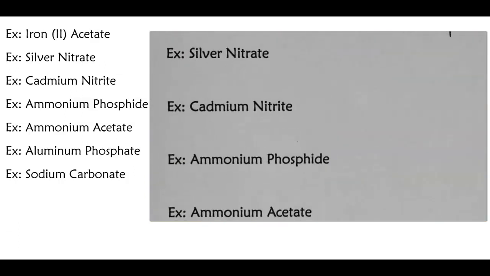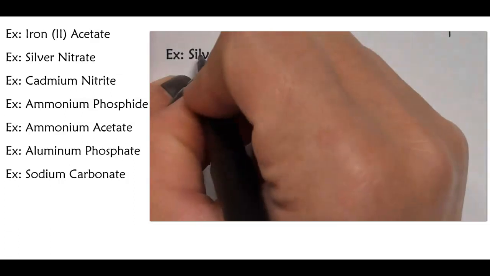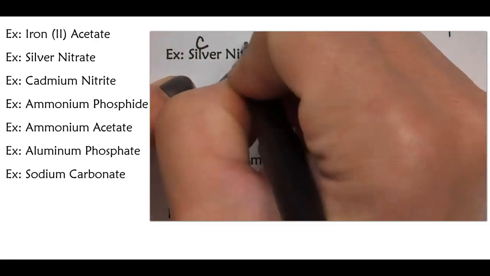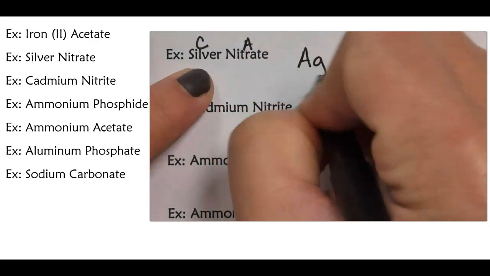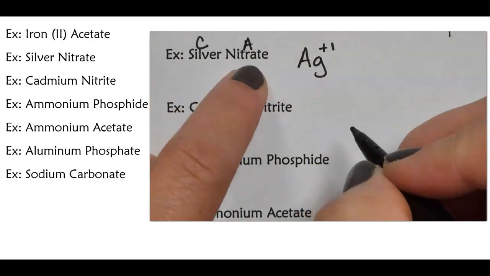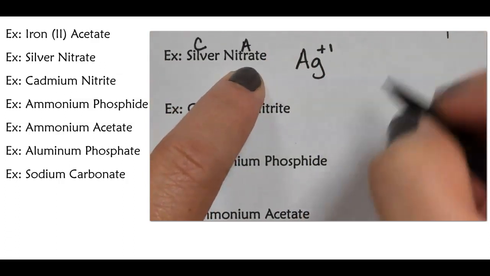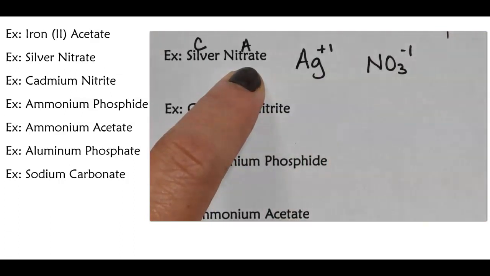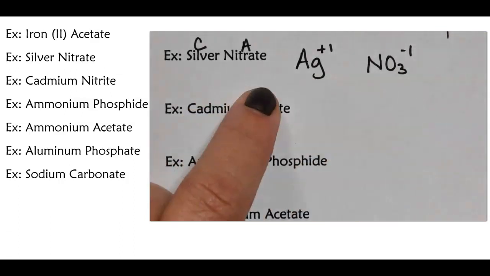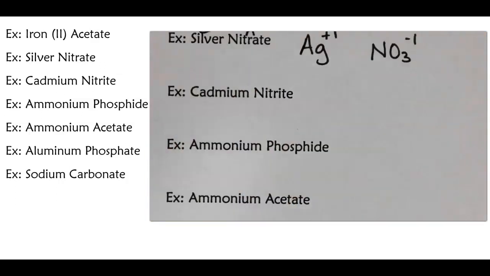Next is silver nitrate, and silver is my cation, nitrate is my anion. So silver is Ag with a +1 charge. Nitrate is a polyatomic ion. It's NO3 and has a -1 charge. So when I look at the charges, they're equal and opposite each other.